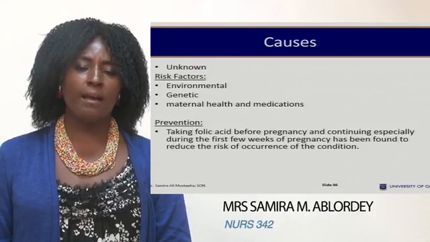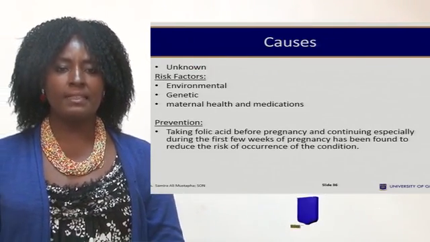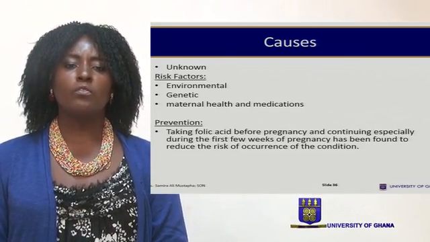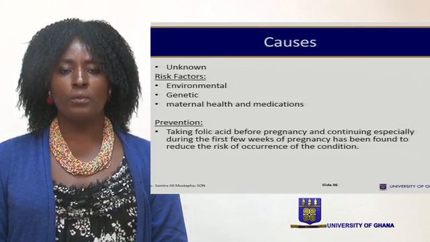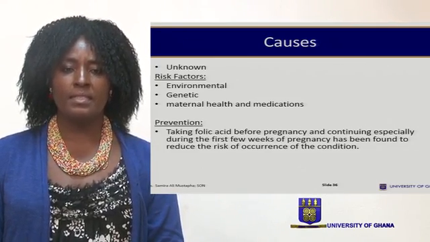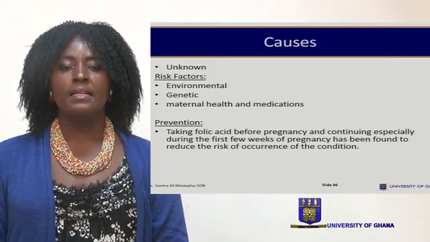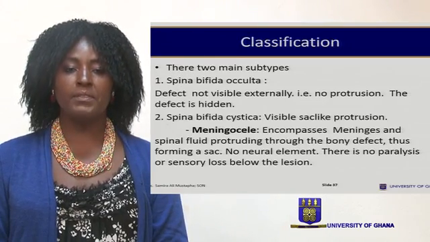As we started talking about congenital anomalies, we have talked extensively about these, and I think this shouldn't be a problem now. And how do we prevent this? Folic acid before pregnancy is known to prevent this, and also in the first trimester or first few weeks of pregnancy is also known to reduce the risk of developing spina bifida.